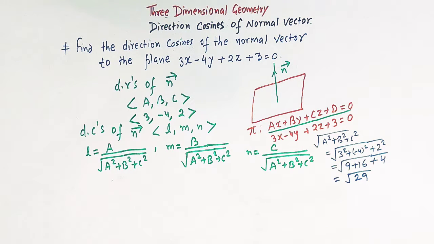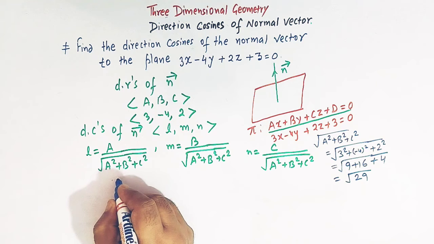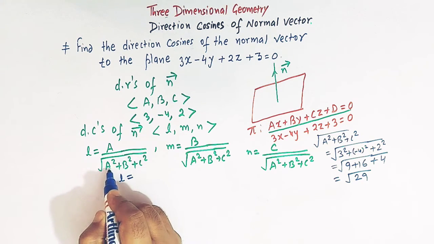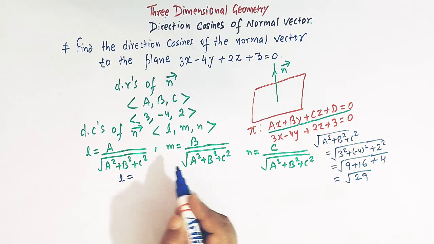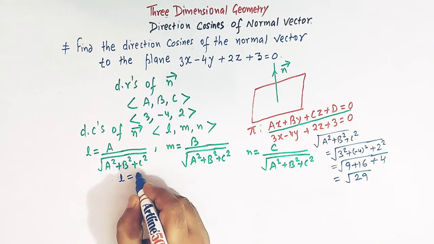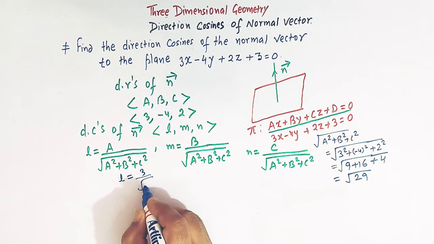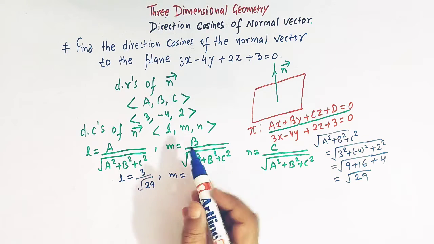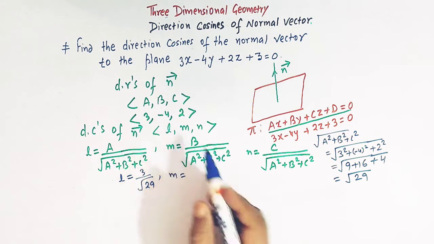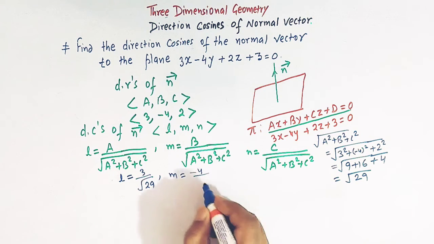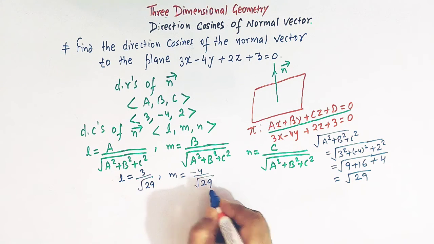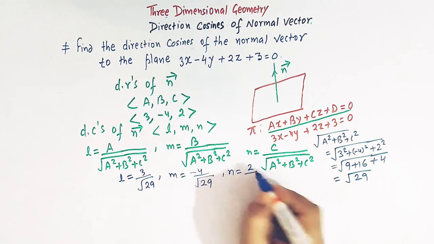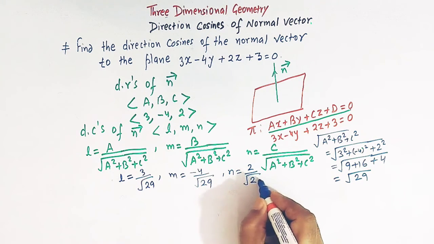So now the value of l is given by a over square root of a square plus b square plus c square. So a is 3, so we have 3 over square root of 29, and m is b over this quantity, so we have minus 4 over square root of 29, and n is equal to 2 over square root of 29.